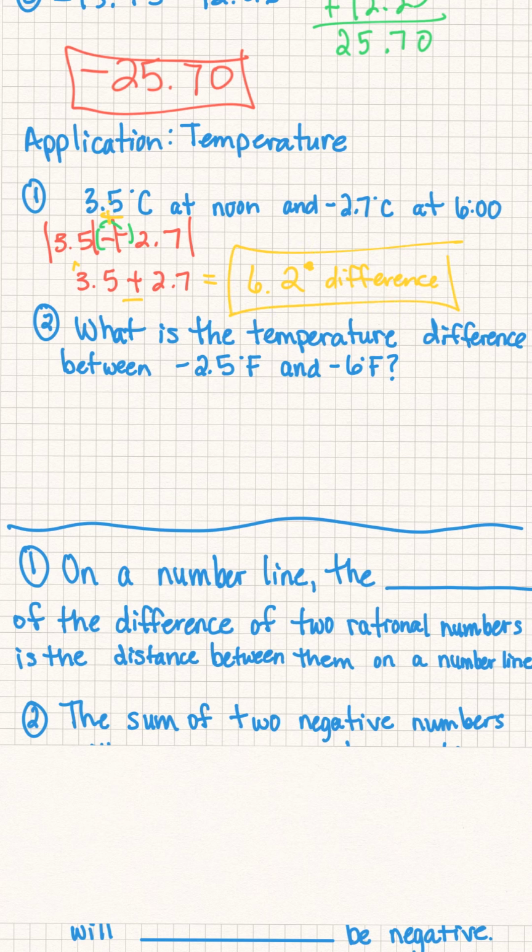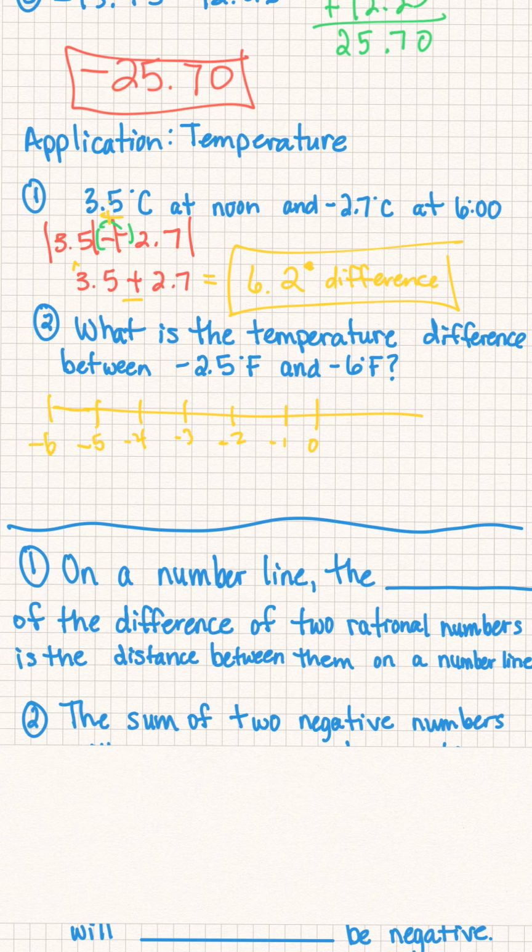What is the temperature difference between negative 2.5 and negative 6? So now we have two negatives. If we think about our number line, here's 0, negative 1, negative 2, 3, 4, 5, 6.